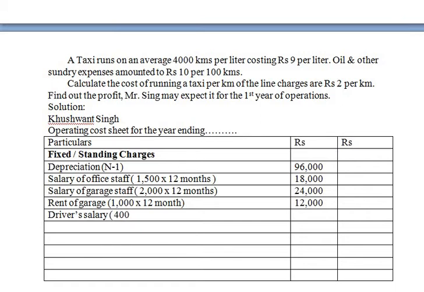So 400 into 12 months into 10 taxis. So that will be 12,000. No, that will be 48,000. Sorry, 48,000.